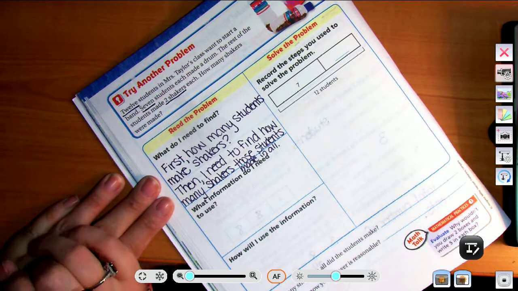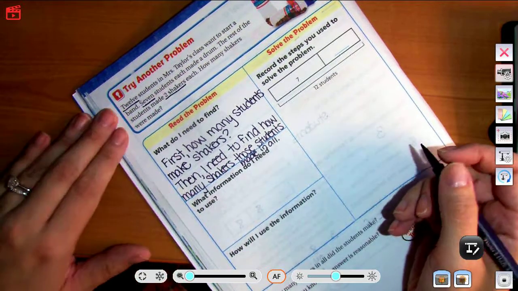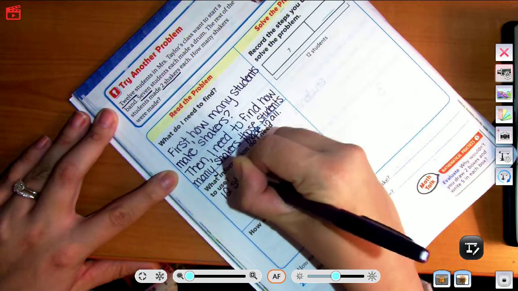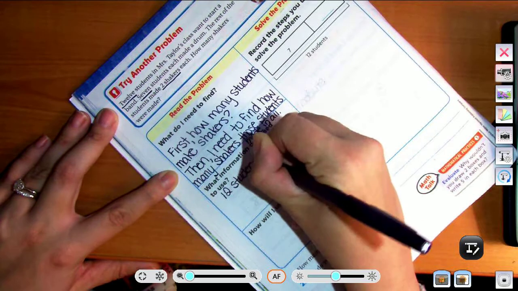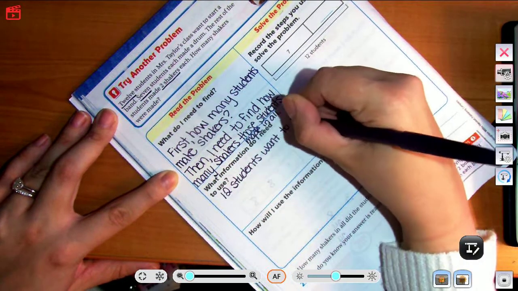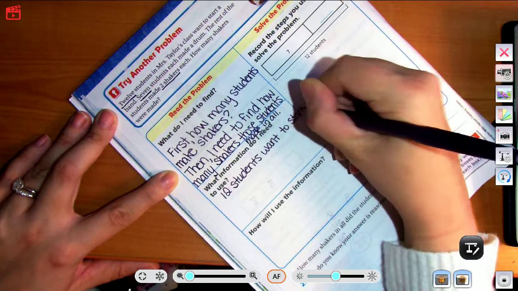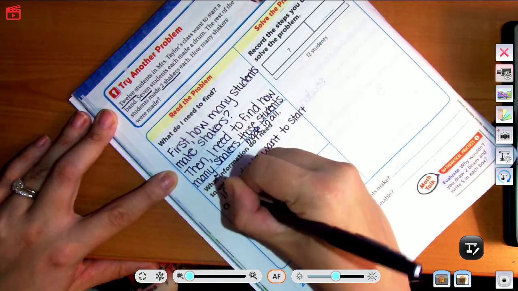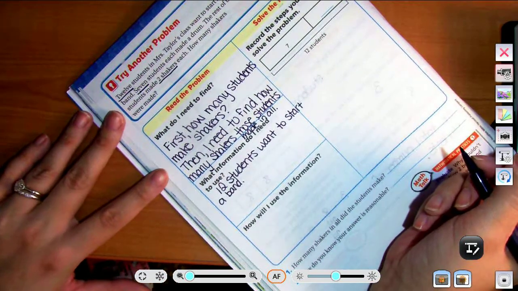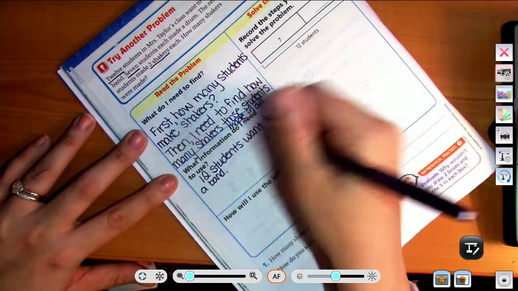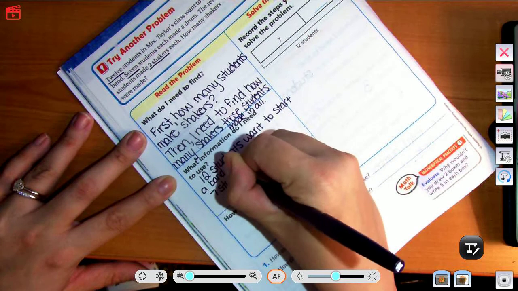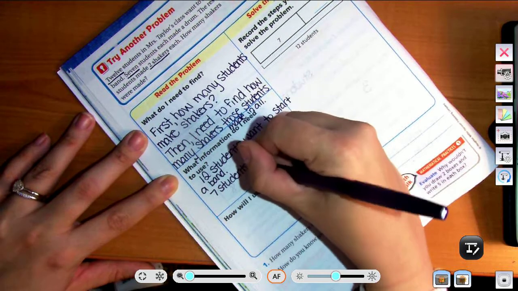Well, we have 12 students wanting to start a band. Okay. 7 students make drums.